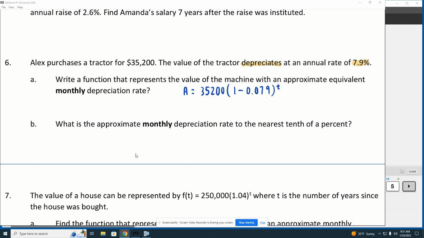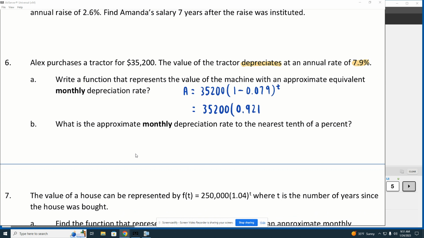But this question doesn't want just normal depreciation. It wants it written monthly. So here's what I did. I did 35,200. And then I went ahead and typed into my calculator 1 minus 0.079. What did y'all get when you did 1 minus 0.079? 0.921.